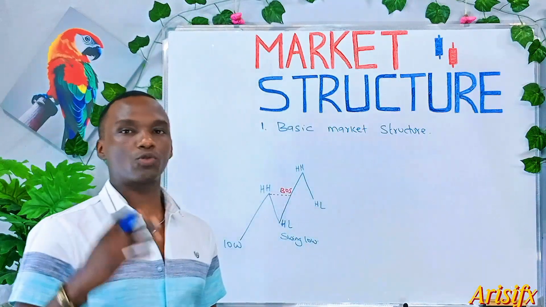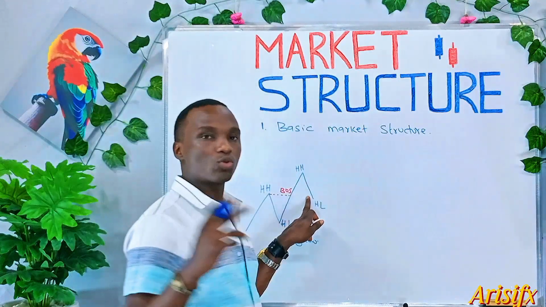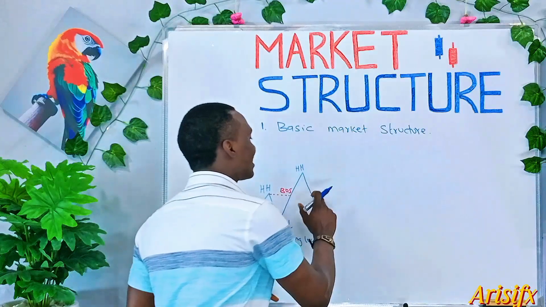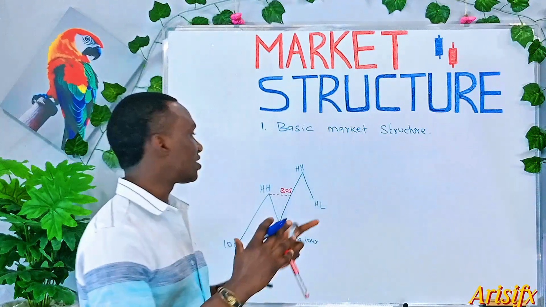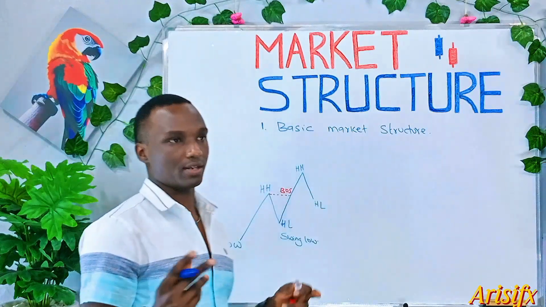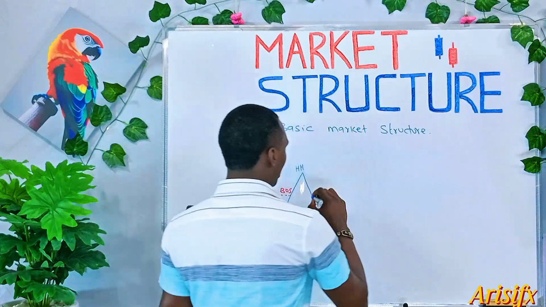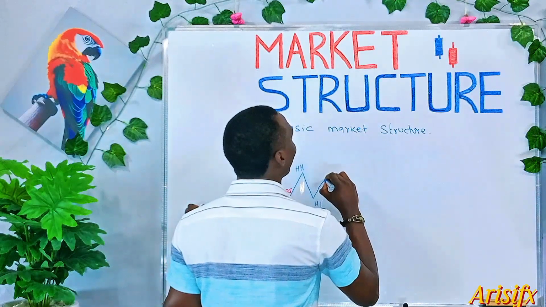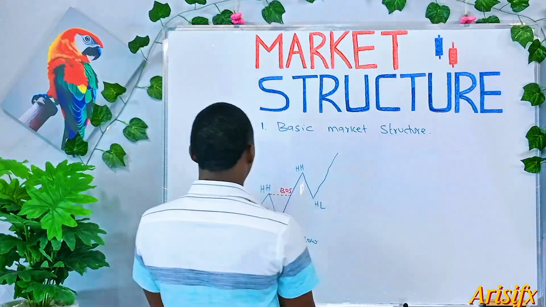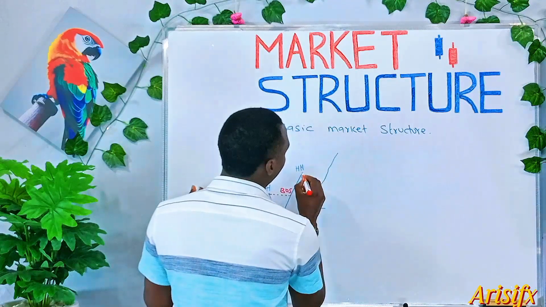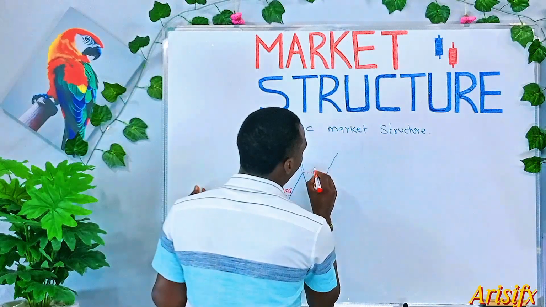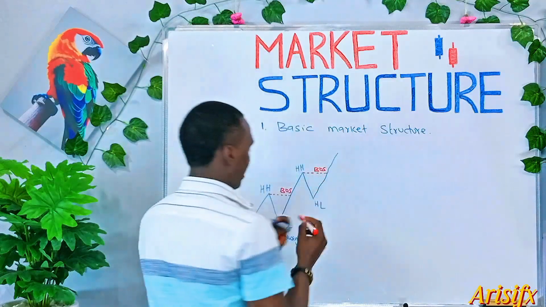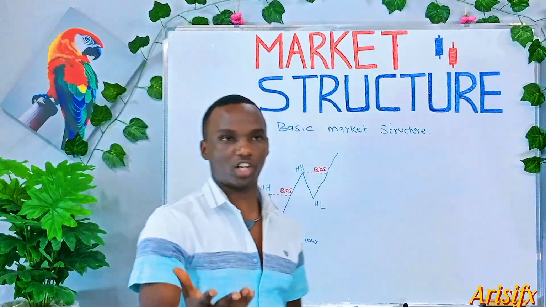The buyers will see that the market is at a bargain price. It is a low and it is a cheaper price. So with some good bullish momentum, we expect the buyers to take the market higher and higher and higher, breaking this second higher high, forming a what? A BOS, a break of structure.